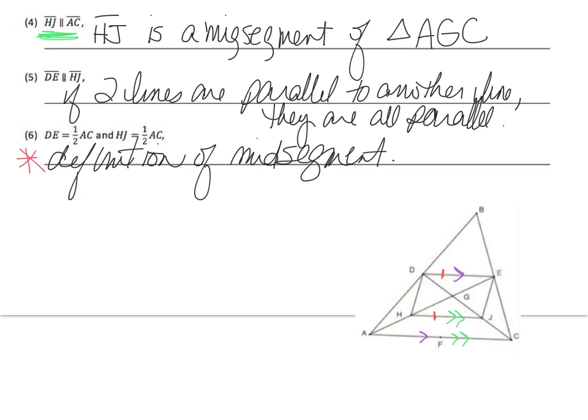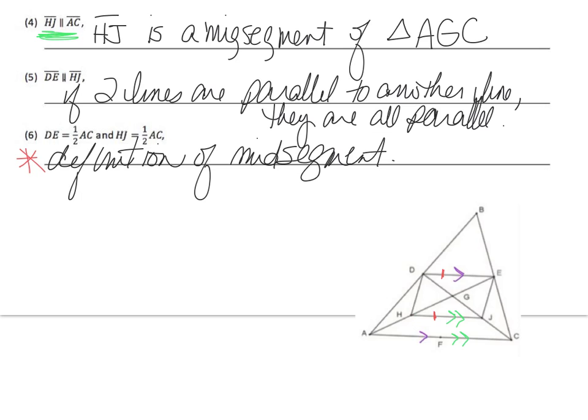Next, let's look at HJ. HJ is parallel to AC. If I look at this triangle right here, HJ is the midsegment of triangle AGC. So this is parallel to that. I know it's the midsegment because it's constructed from the midpoints that we constructed.